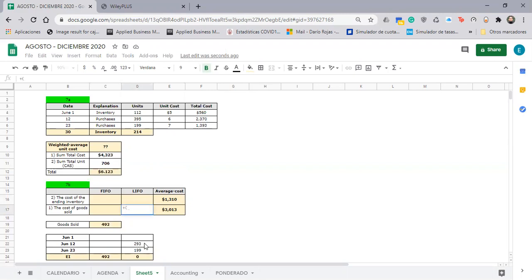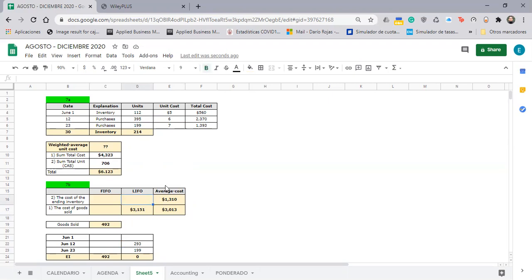Open brackets and then 293 times 6 plus 199 times 7. The amount will be $3,151.